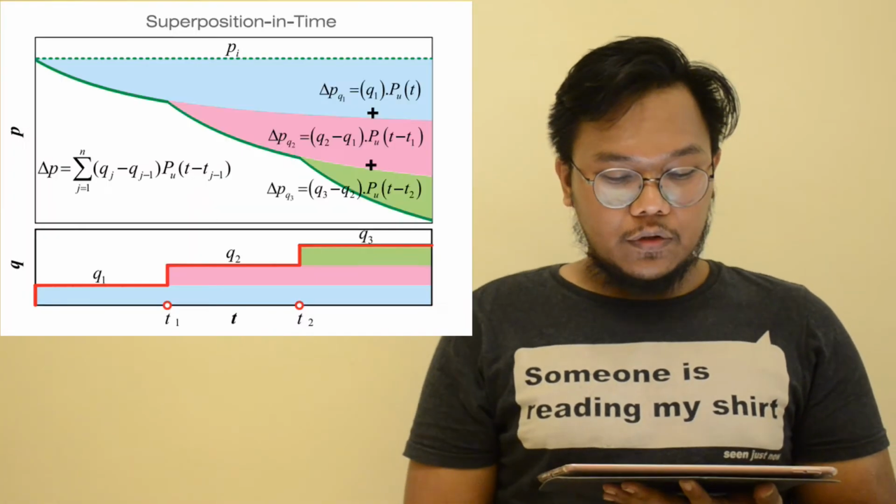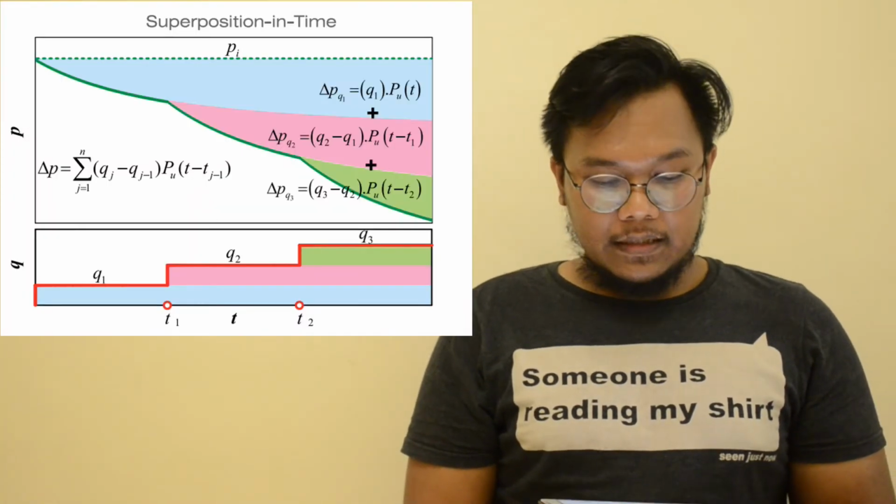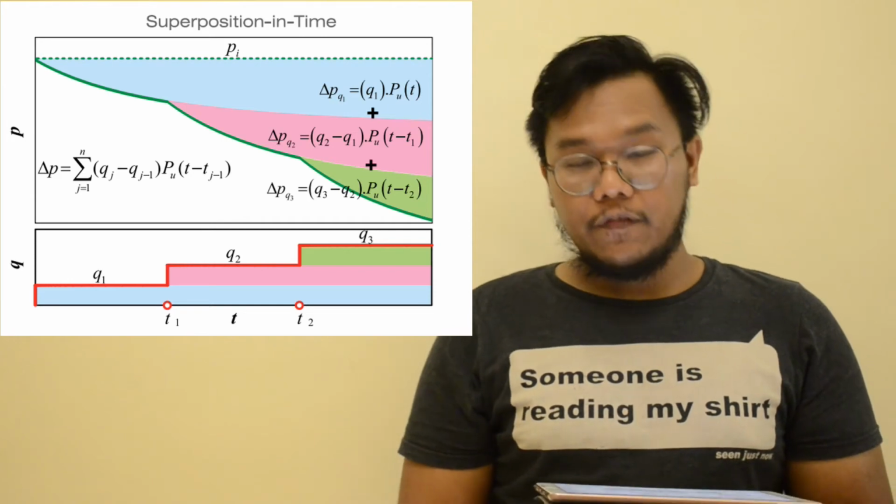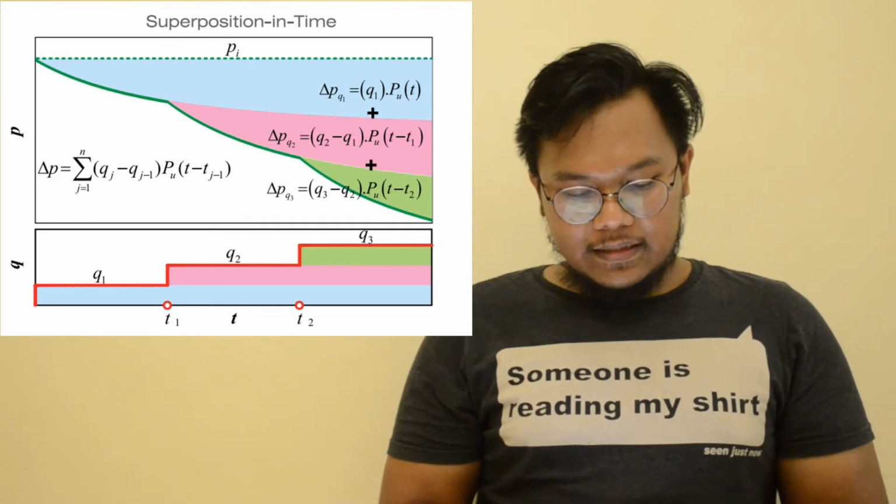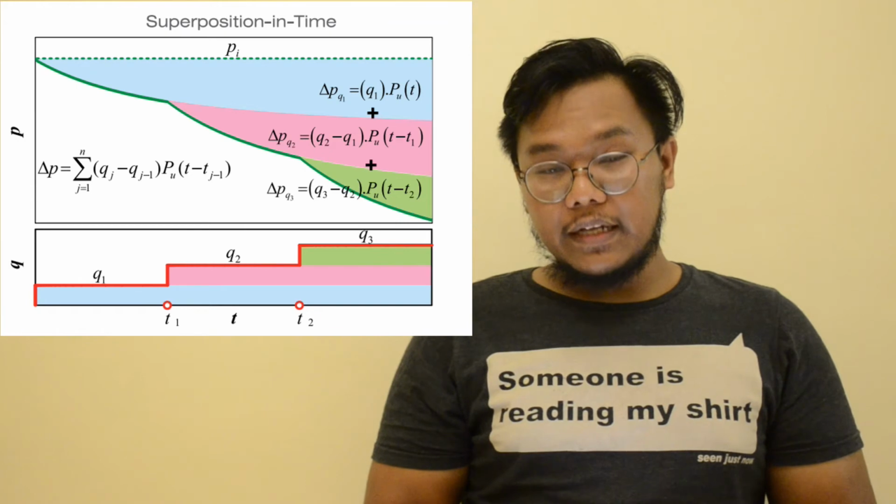Moving on, next is superposition for drawdown. The figure above shows superposition in time applied to a single well system with varying flow rates. Consider a single well with a production rate schedule.